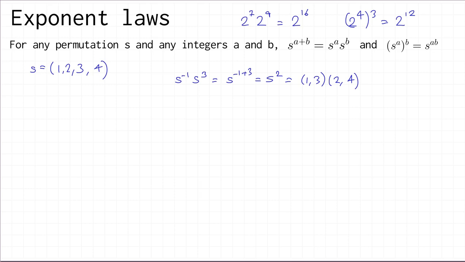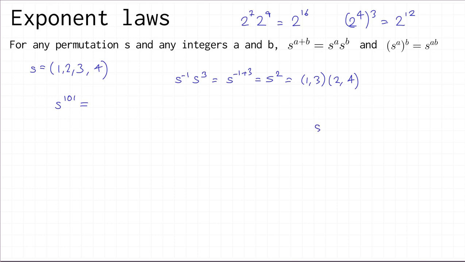Okay, another example. What if somebody asked you for S to the power 101? So you don't want to be working out the 101st power of something, because there's a lot of work to be done there. So we could make an observation here that we noticed before that S to the power 4 was just the identity permutation. So if we had a multiple of 4, let's have a simpler thing.